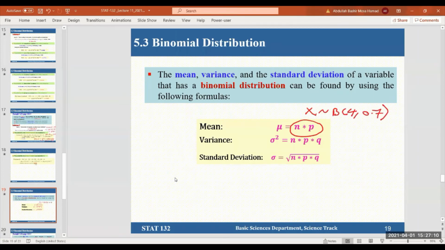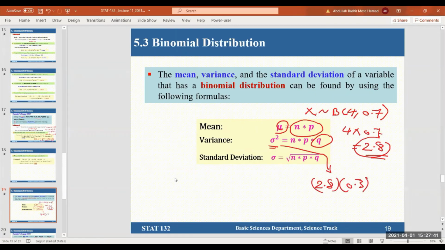To find the expected value, we multiply 4 by 0.7, which is 2.8. For variance, we multiply n by p by q, the same value multiplied by q. For the previous example, q equals 0.3, so 2.8 multiplied by 0.3. For standard deviation, we find the square root of this value. It's direct. Let's see an example.